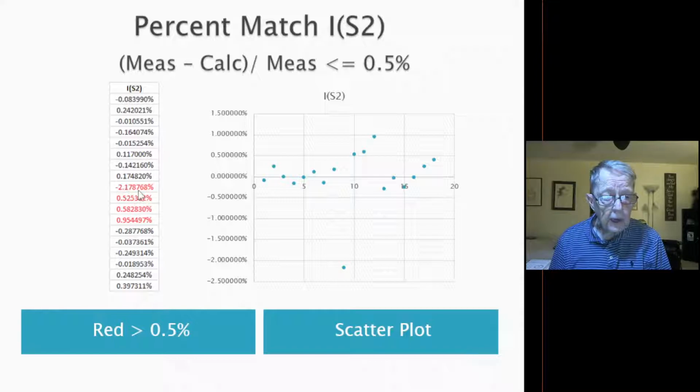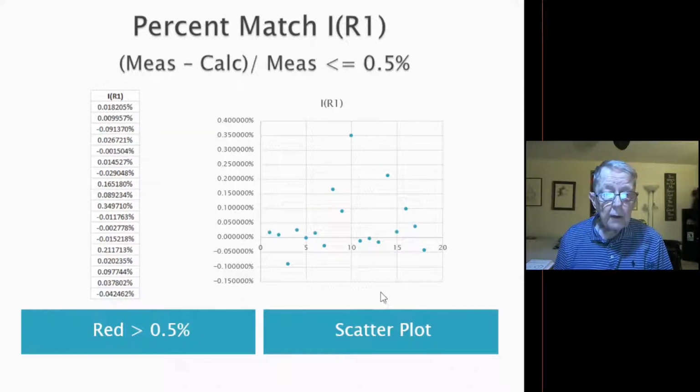This is the one that had this -2. It has minus values, so here's 0 up here. And the -2 is down here, and the next 3 are up here. And here's your 0.5% line. So most of them are here, except those in red. Keep in mind, I'm still using 0.5% as my theoretical guideline.